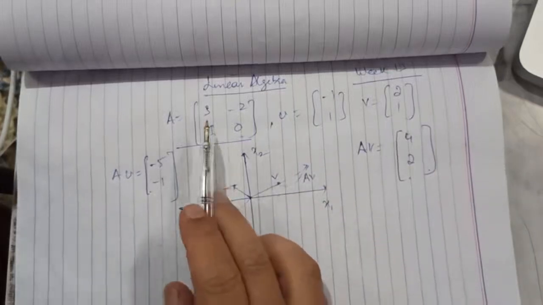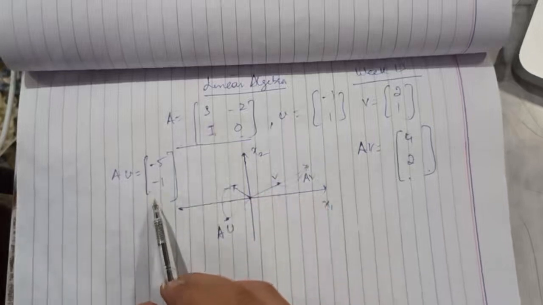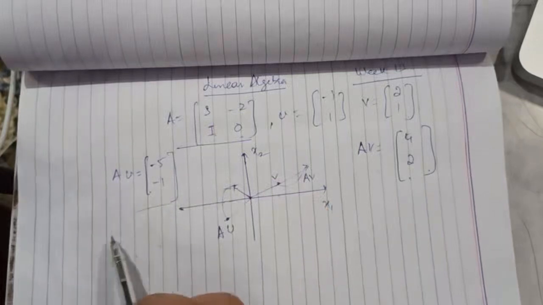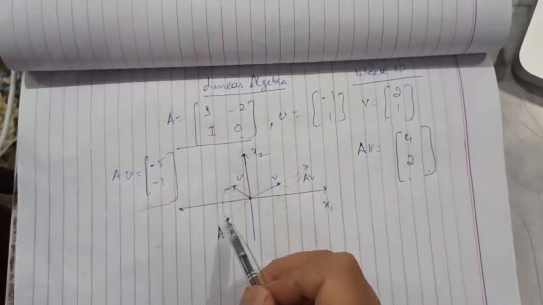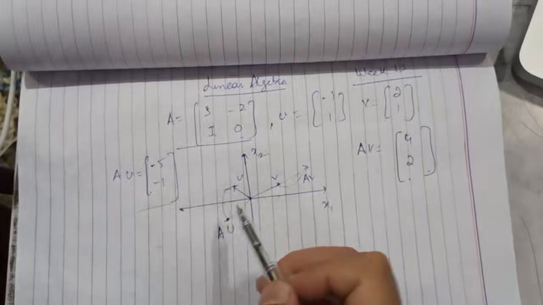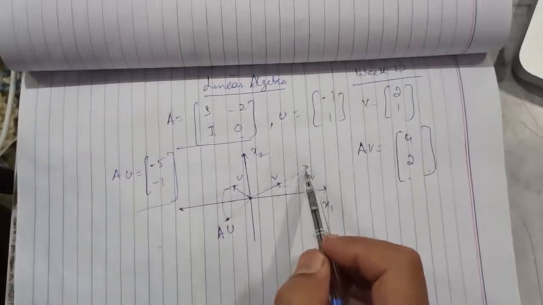So if I multiply A with u, the resultant vector will come out as -5 and -1. It means this u vector has now transformed to this vector, and similarly this vector has transformed to this vector, right?